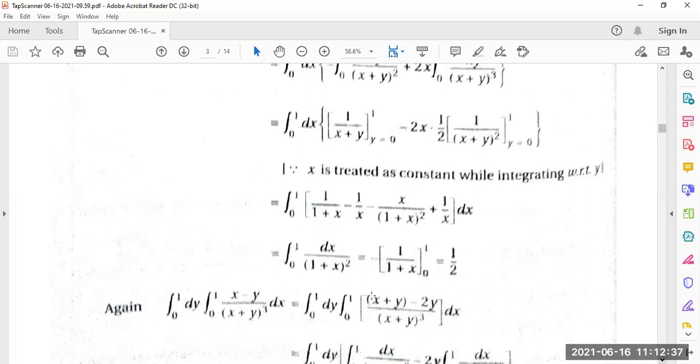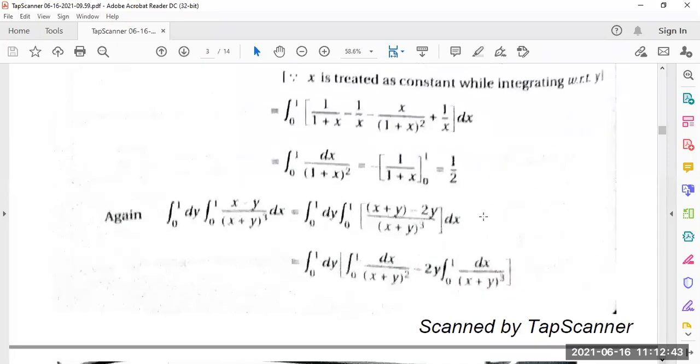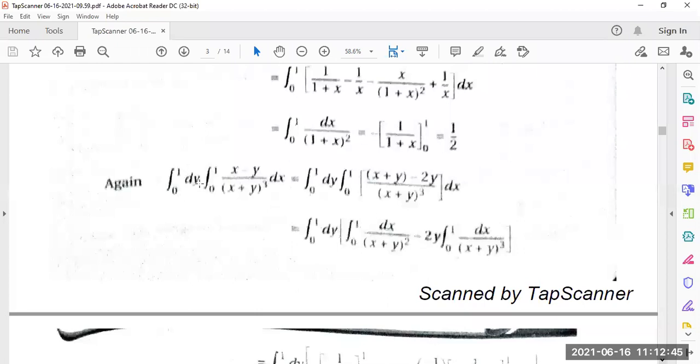Now we have to find out the value of the right hand integral. For the right hand integral, it was given 0 to 1 dy, 0 to 1 of (x minus y) by (x plus y) whole cube dx. So at first we have to integrate this one with respect to x. Here x minus y can be written as x plus y minus 2y, exactly the same way.